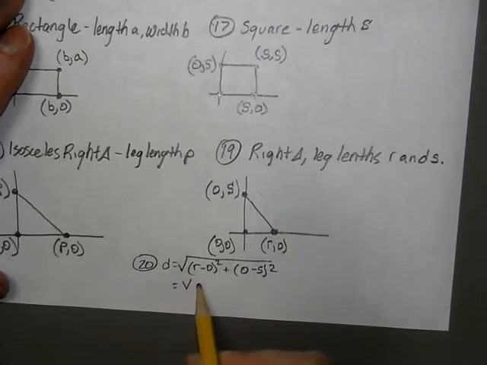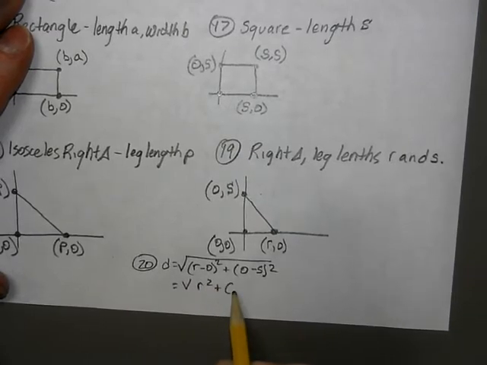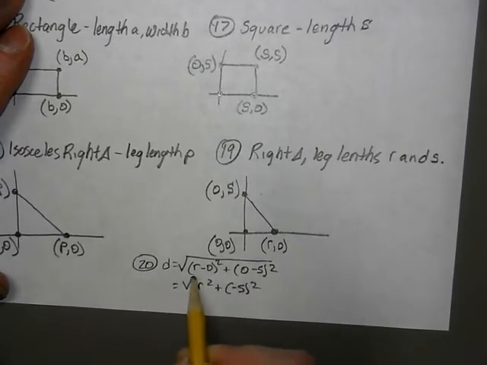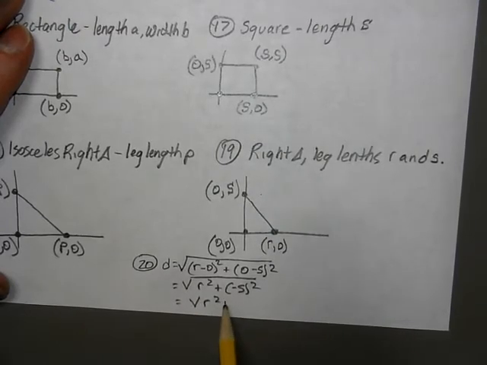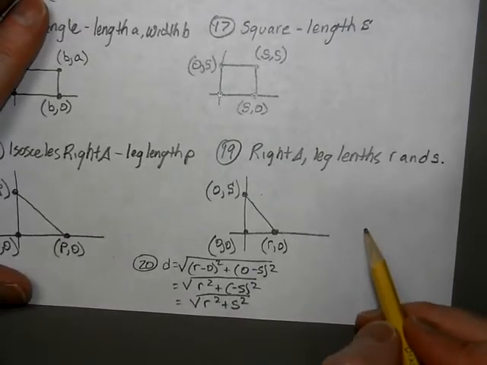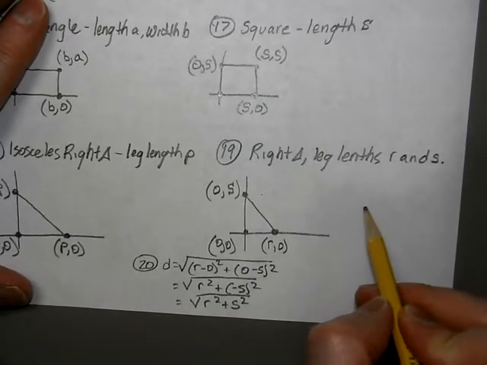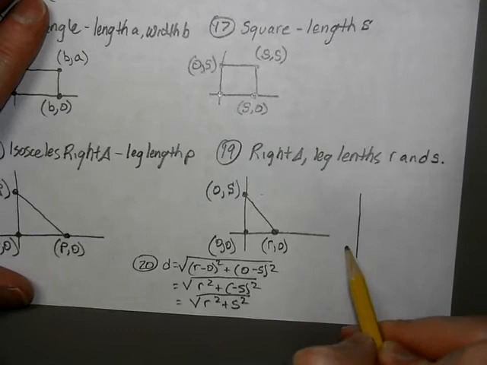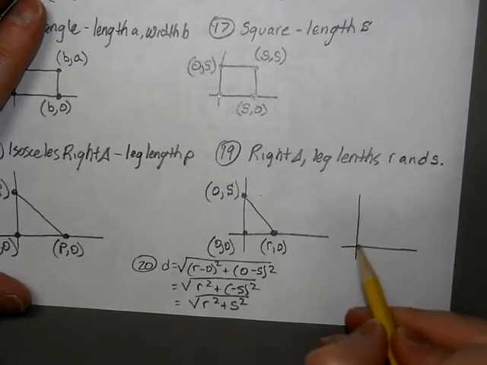So that's going to give us R squared and negative S squared, which comes out to be R squared plus S squared. You can't do anything more with that because of the plus. You cannot simplify that.